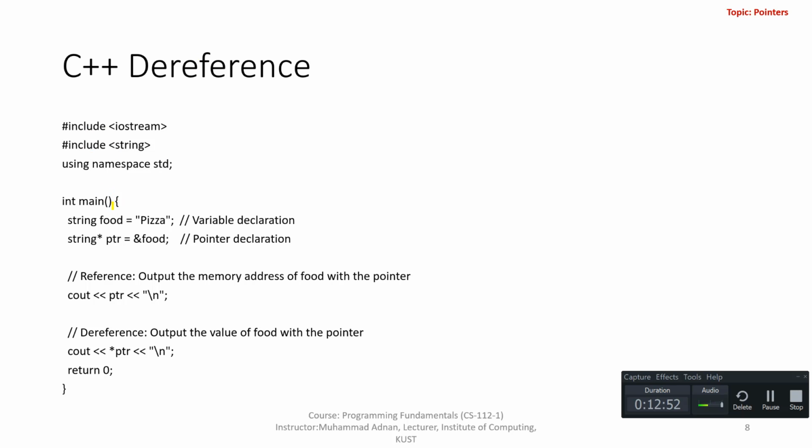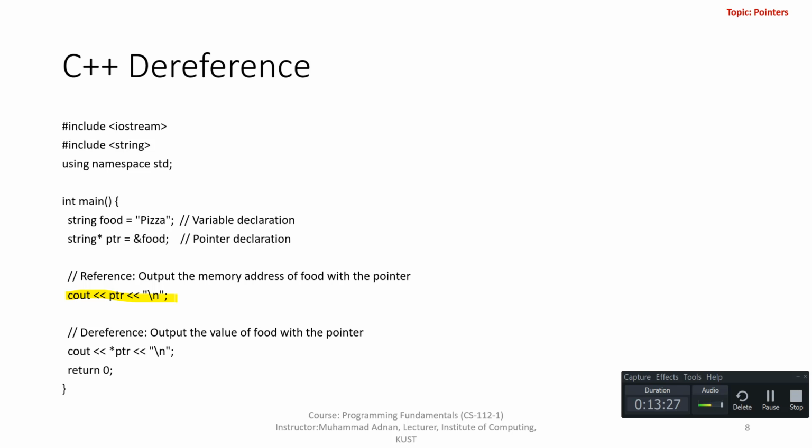Here you can see that inside the body of the main program we have a food variable having the value of pizza, and then we have another pointer variable ptr, and it is holding the address of the food variable. Then you display the pointer variable by simply writing cout ptr. It will just display the address stored in ptr, so the memory address of food will be displayed by running this statement.